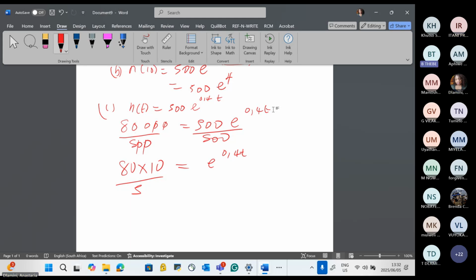You're going to say the 10 divided by 5 and 80 divided by 5? That's not maths. You can choose which one you want to divide: you can divide the 10 or divide the 80 with the 5. Me, I like life easy.